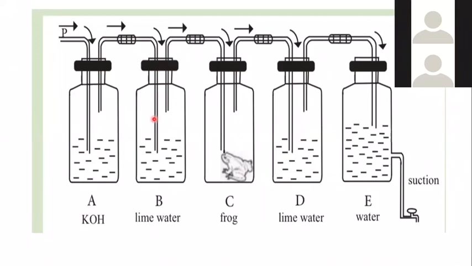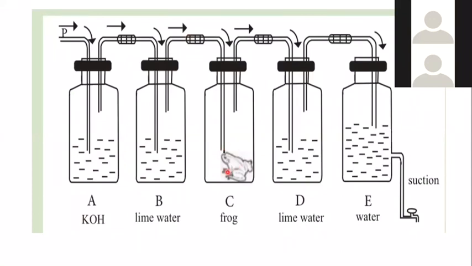So from here, lime water does not show any kind of color change. Why does lime water not show any color change? Because the carbon dioxide was already absorbed in setup A. And here is the frog, because we have to take gas without carbon dioxide, right?